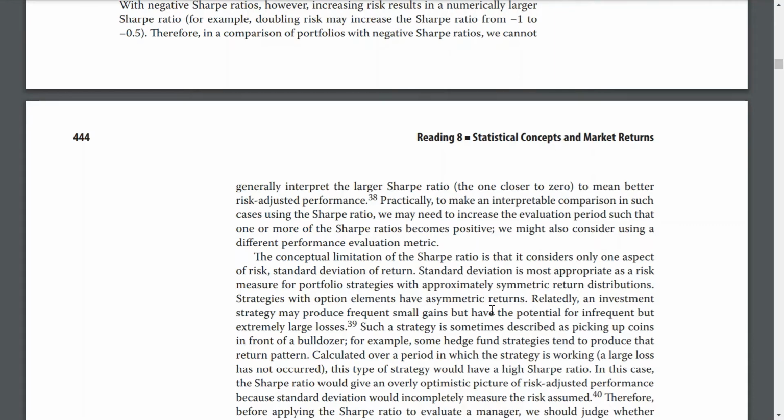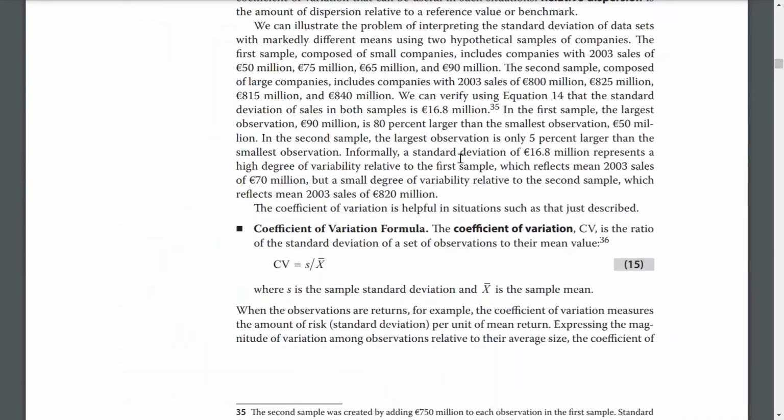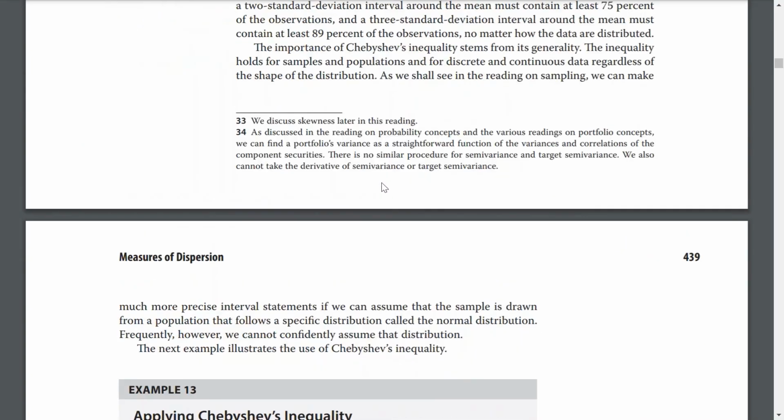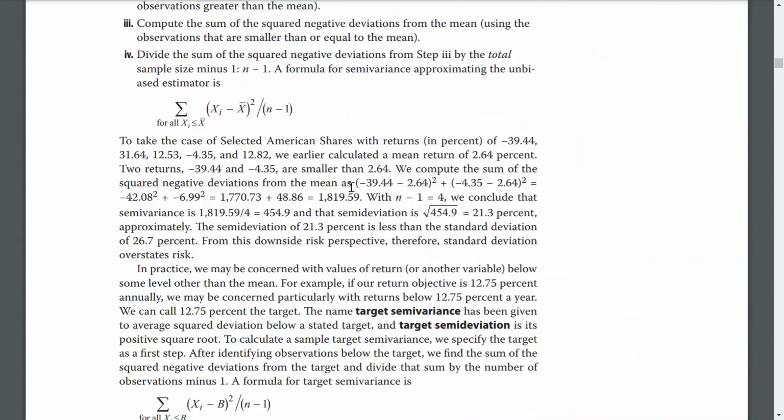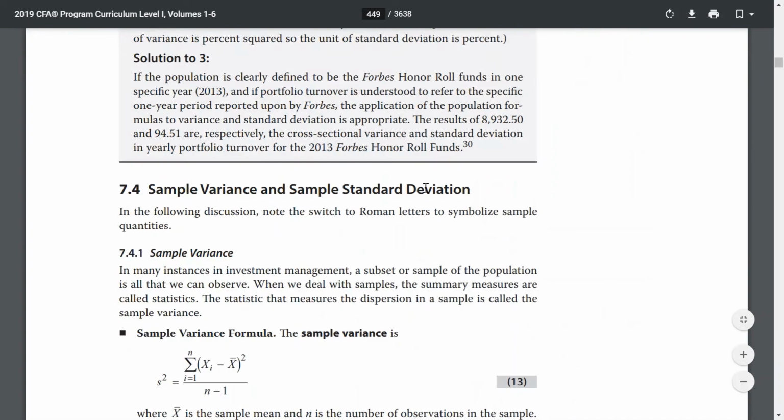All right, let's start reading. I mean, it's a long chapter, but let's just get into it. Who cares? All right.